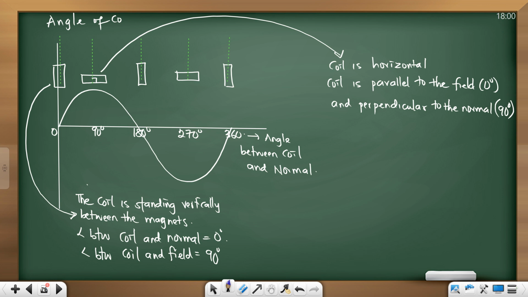That is parallel to the field, but perpendicular to the normal. And if I put that paper up, what happens? It is now perpendicular to the field, because the field is hitting it, right? 0 degrees or 90 degrees there, but parallel to the normal. So the angle changes. That's the thing. The 0 and the 90 just change.